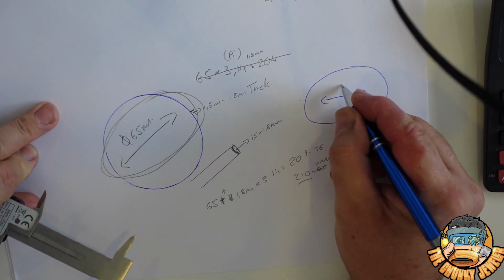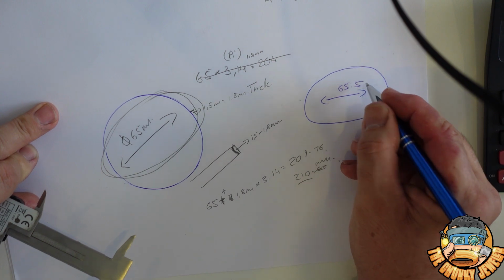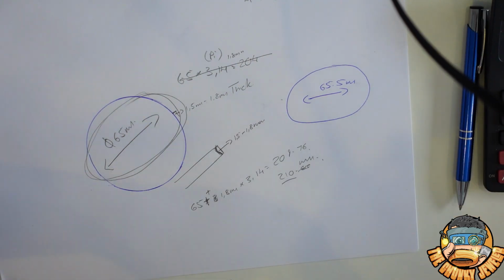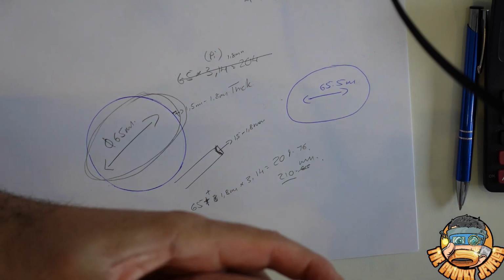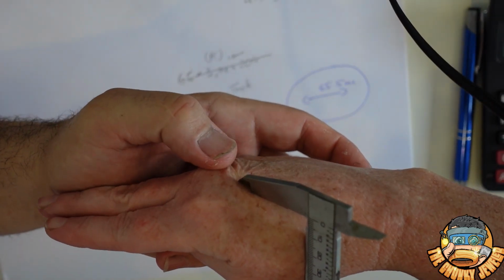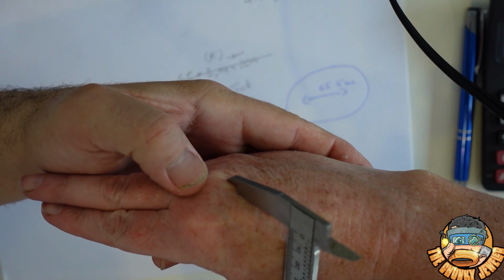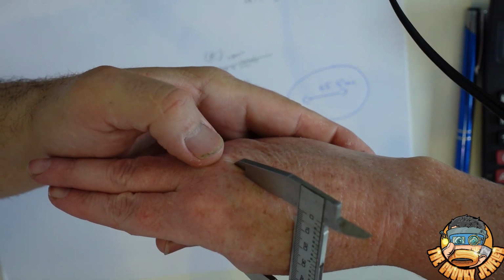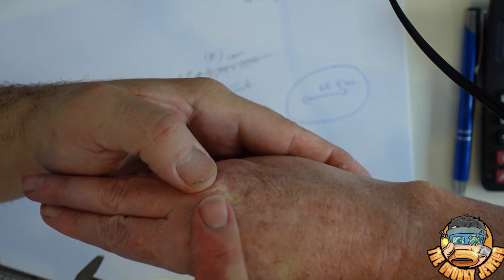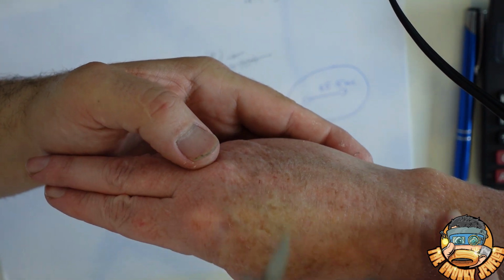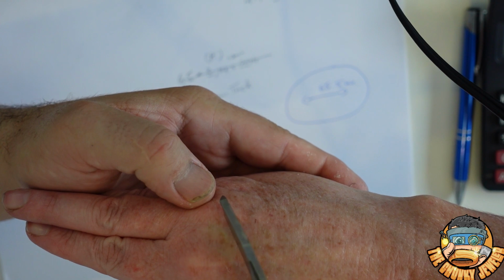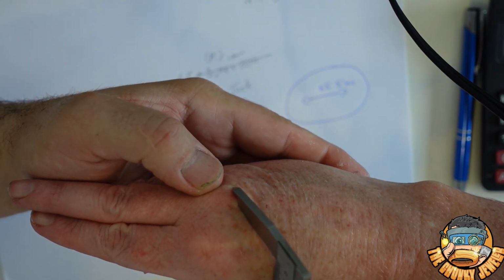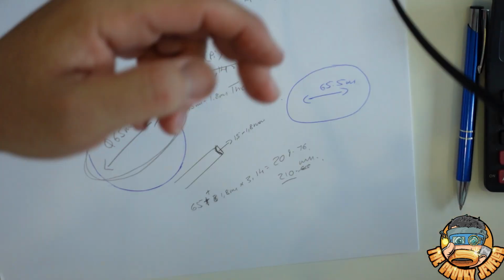So that's 65.5 millimeters, and then we'll measure the wrist. Well, the hand. And you can push this in a little bit because it needs to fit over the hand quite snug, so it fits the wrist snugly. So I would put this at a 52.